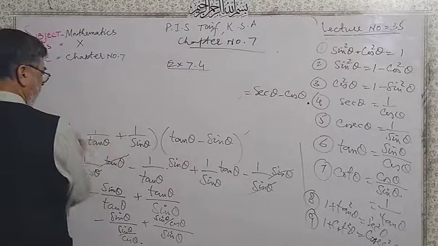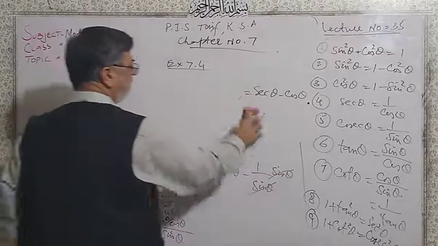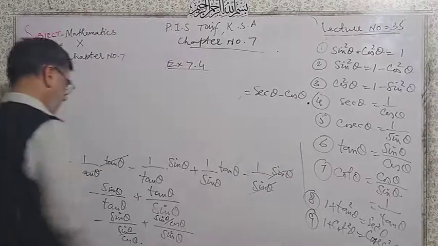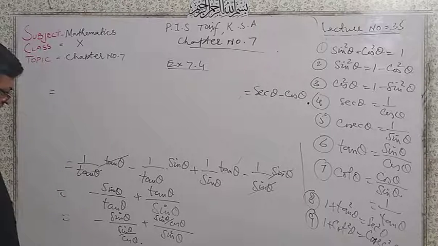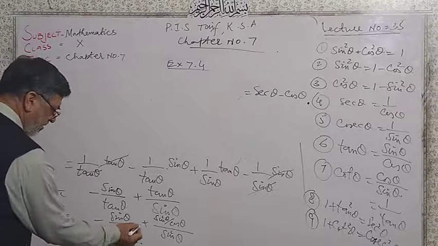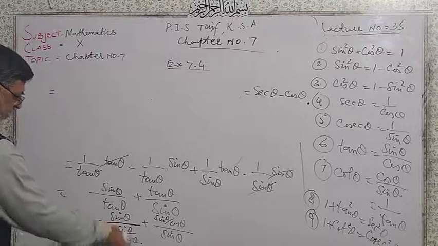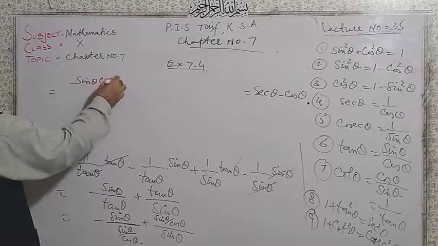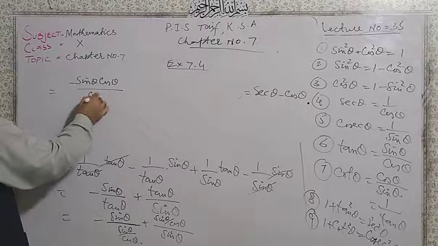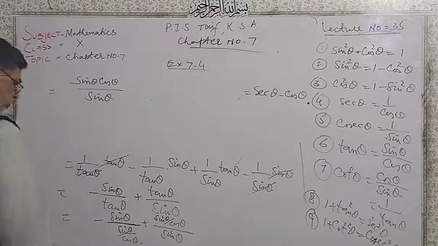That's your right hand side. We have to confirm that left hand side is equal to right hand side. After that, you can check. This is division after division, it becomes reciprocal. Minus sine theta cos theta over sine theta.